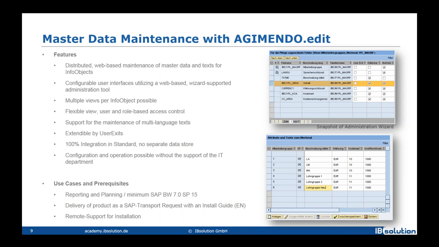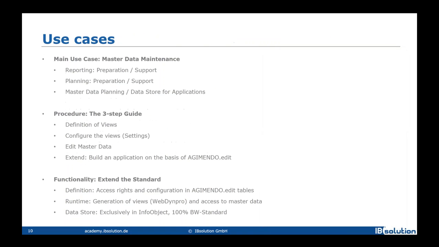Now we're going to see the use cases. Simply put, master data maintenance and planning, AGIMENDO is very good for this. It is also a frequent use case for reporting and planning with views that vary according to the user.